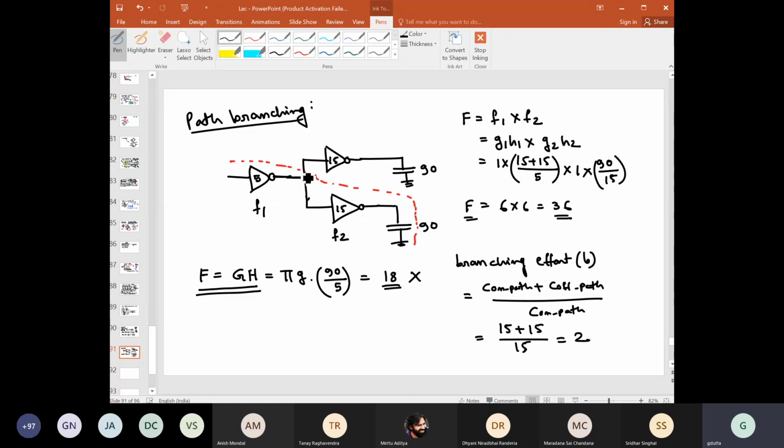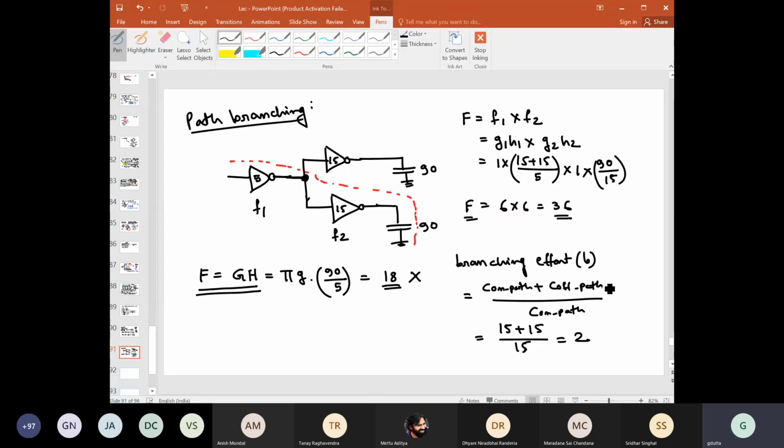So here you can see the branching exists only for one gate. But you might have a situation where there is one more branching; maybe in the next example I will show you that. Then you should also consider the branching of this inverter, so you have multiple branching efforts, like b1, b2, b3.